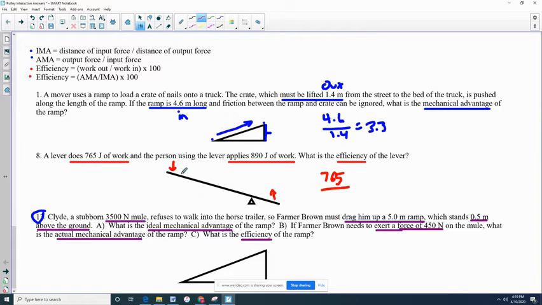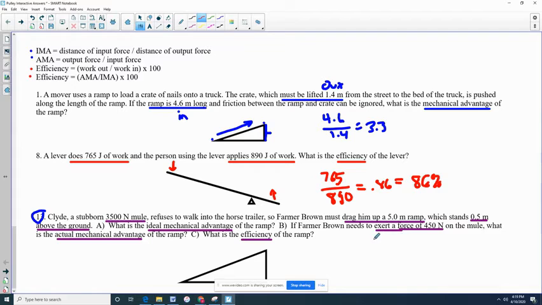And the work in is what was applied, and that was 890 joules. That's a 9, I promise. And so if we do 765 divided by 890, we're going to get about 0.86, which we then multiply times 100, which gives us 86% efficiency.